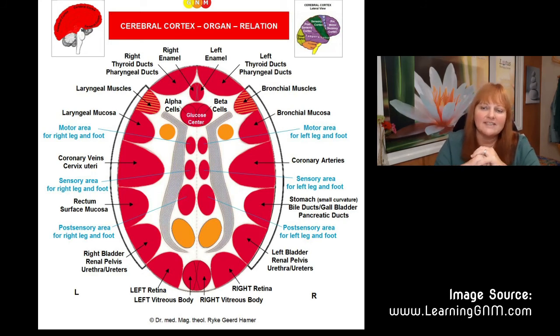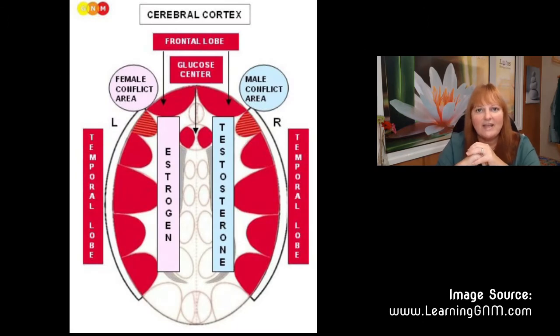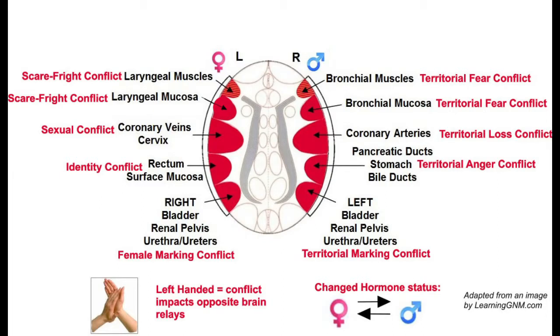Therefore, the conflicts here are related to territorial type conflicts, sexual conflicts, scare conflicts, and separation conflicts. The temporal lobe is split into male on the right, governing testosterone, and female on the left, governing estrogen. And the conflicts that impact these control centres are male territorial conflicts on the right and female conflicts such as scare and sexual conflicts on the left.